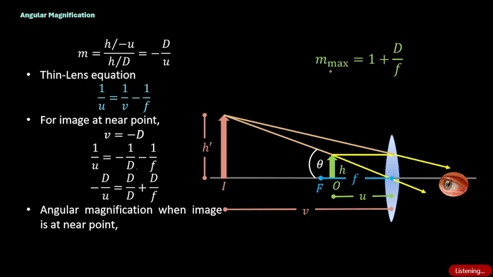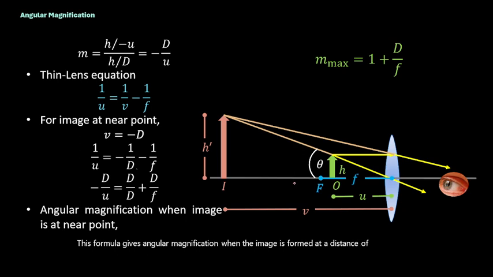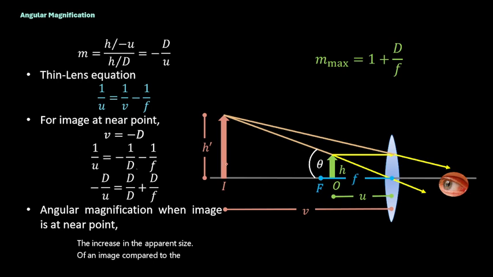This formula gives angular magnification when the image is formed at a distance of near point. This formula tells us the increase in the apparent size of an image compared to the apparent size of an object when it is viewed directly from the distance of near point, the closest distance for clear vision.